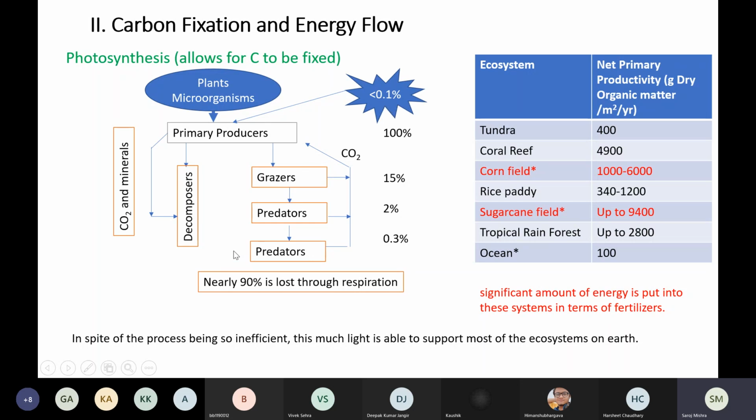Let me make an important point here. In spite of the process being so inefficient, the plants and the photosynthetic bacteria are able to capture less than 0.1%. However, this much light is able to support most of the ecosystems on Earth. Today what we are trying to do is to develop crops, because we can't do this outside of a biological system.